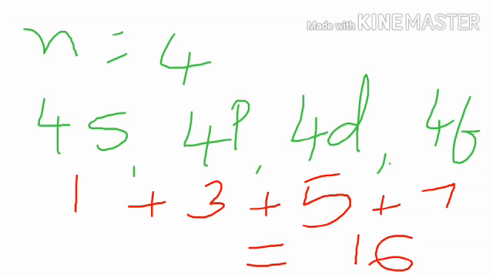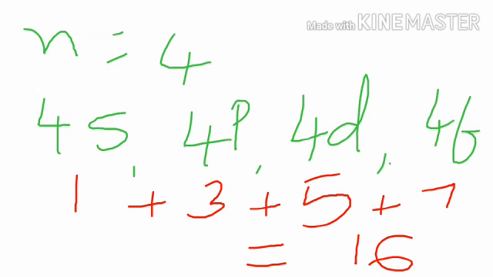Let us check. Fourth orbit means n is equal to 4, having 4 subshells as per formula. Number of subshells is equal to n. Here what is the n value? 4. Therefore we have 4 subshells in the fourth orbit. They are 4s, 4p, 4d, 4f.